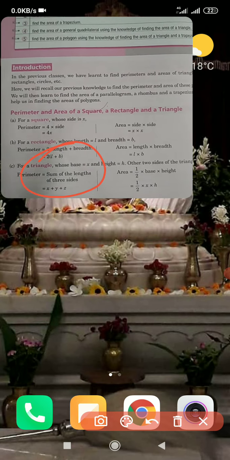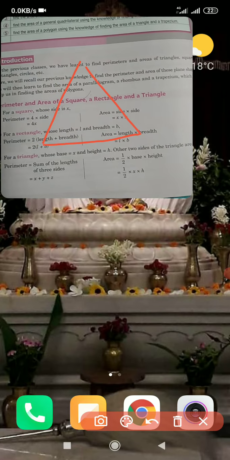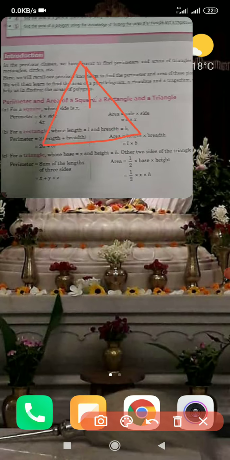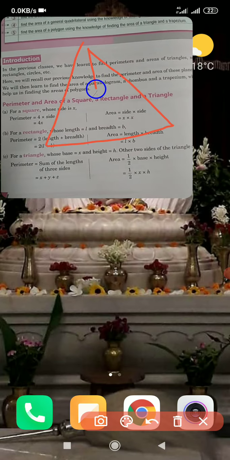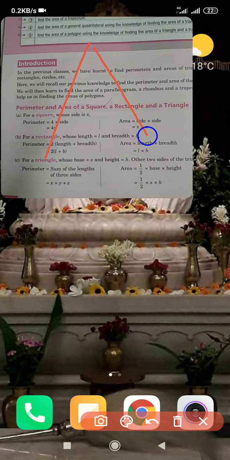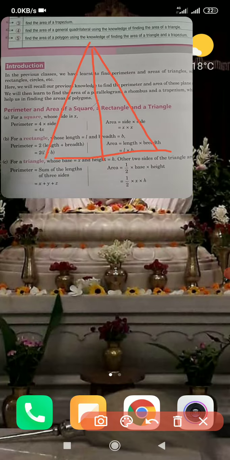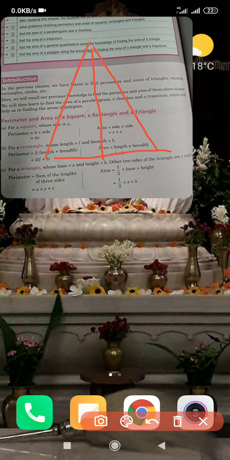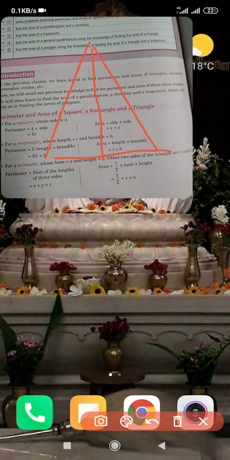Okay, now area of triangle. If I take this one as a triangle, we have to draw a perpendicular from the vertex. Sorry, still not okay. A little bit better. Okay, although it is not perpendicular, still let us take this one as perpendicular. So we'll draw a perpendicular from the vertex to the opposite base.